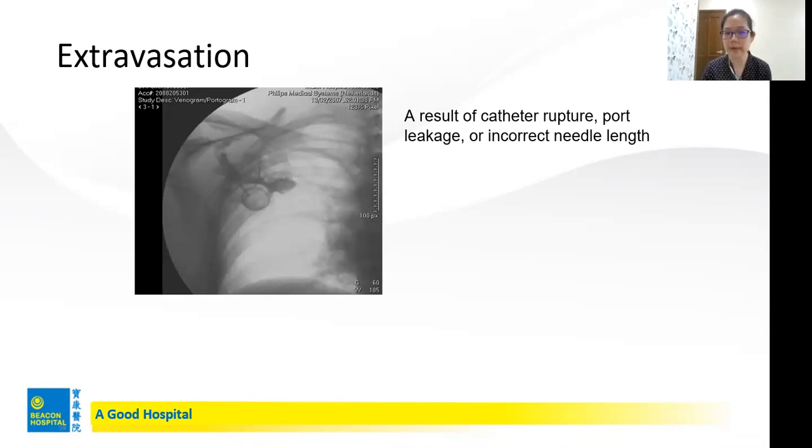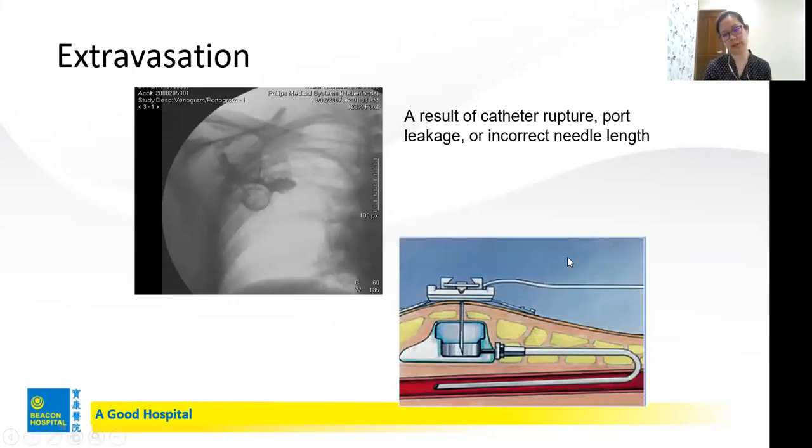If you use a coring needle, the septum of your port will keep being cored by your needle and it will leak. Also, the incorrect needle length. Incorrect means not long enough. Maybe the patient is a bit fat, with a thick fat layer on top of the port, such as in this cartoon, where you see the fat layer and the skin. So your needle must be long enough.